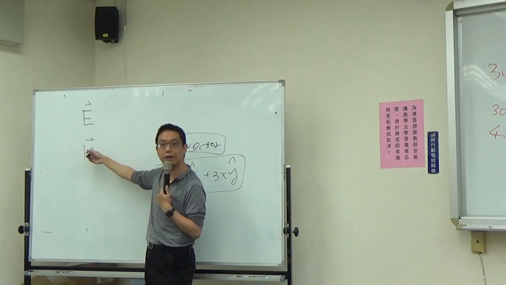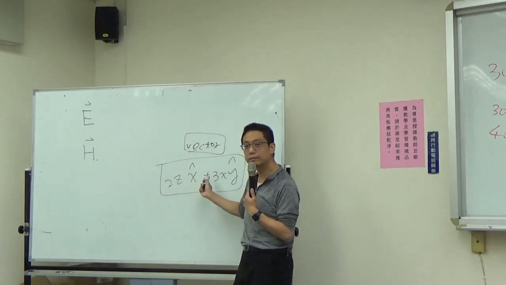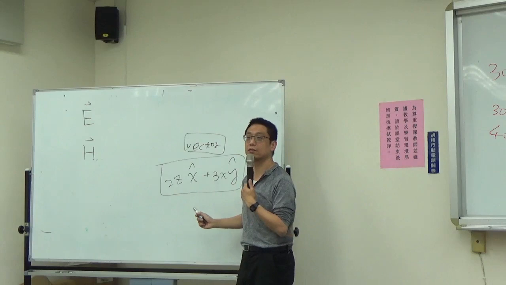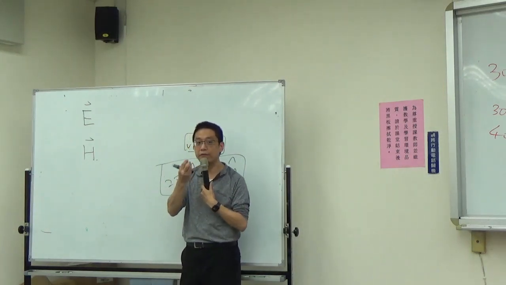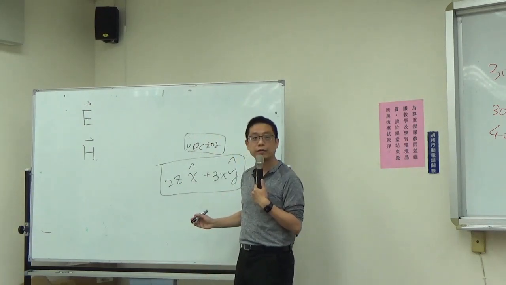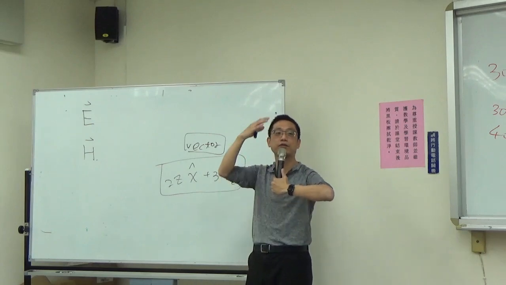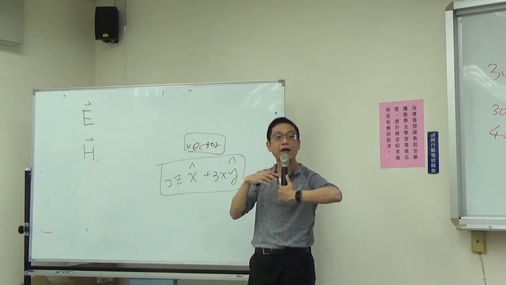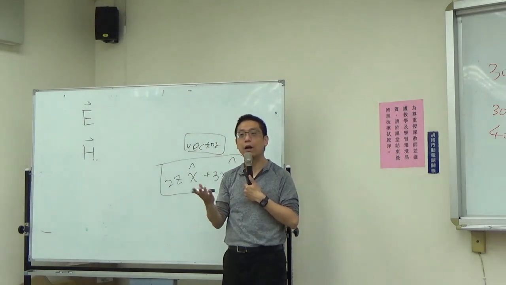Can I write down anything? Of course not. E and H have their own function. Like they have different magnitude or amplitude, right? They have phase. But how?